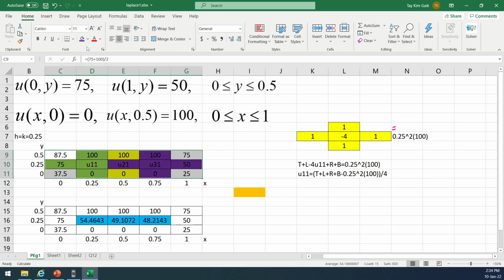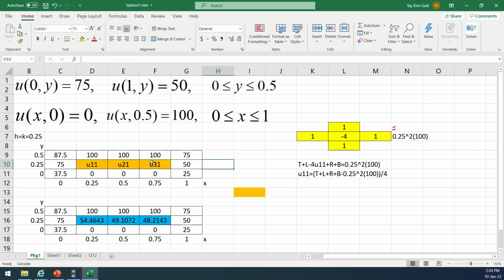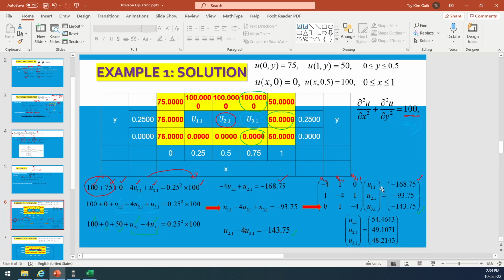So now, after filling in the boundary, you have only three values, u11, u21, u31, to be solved. So we have three simultaneous equations as you formed here.